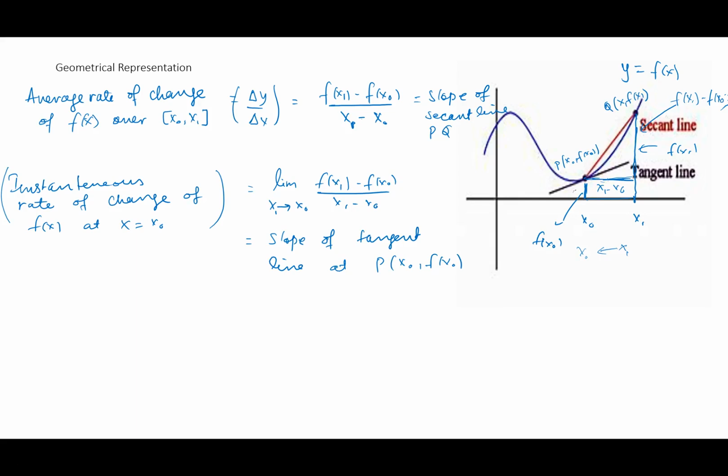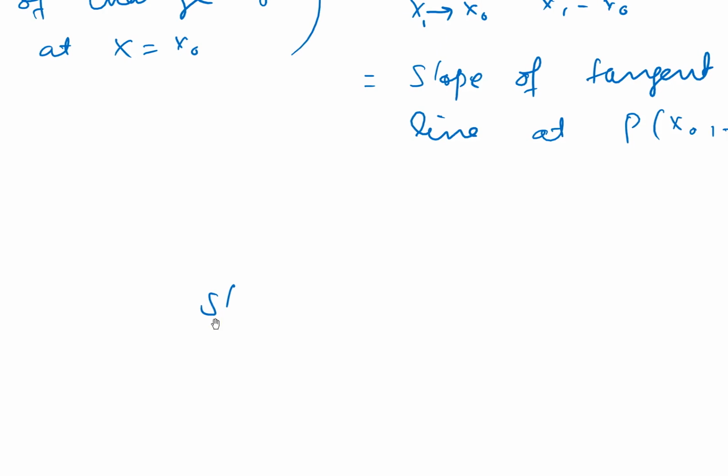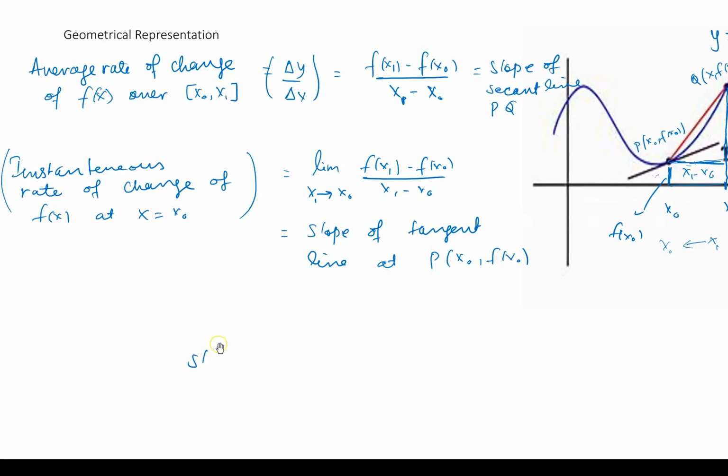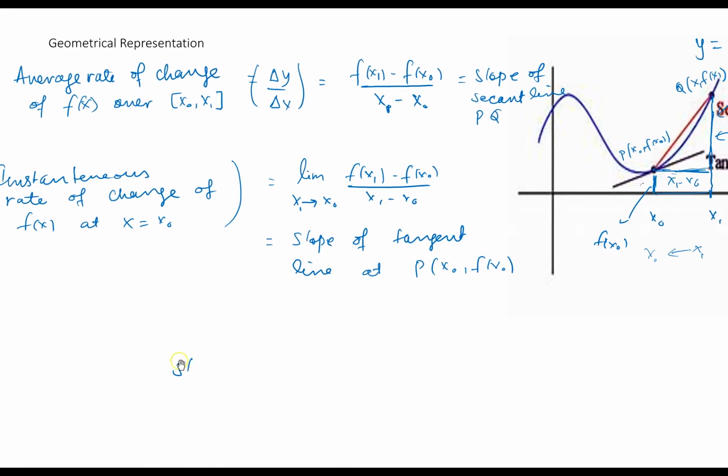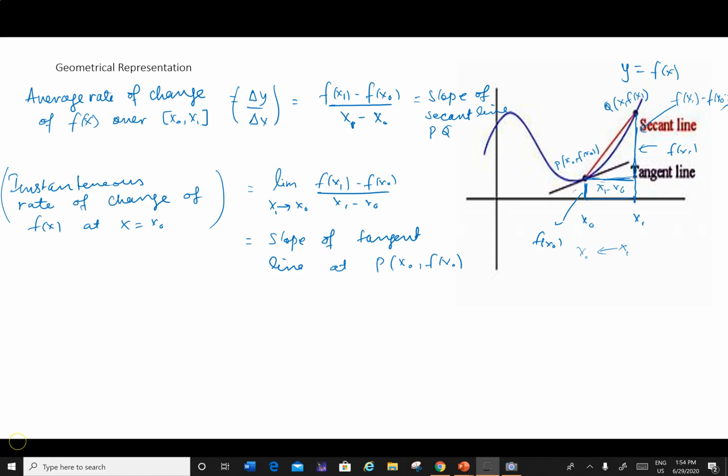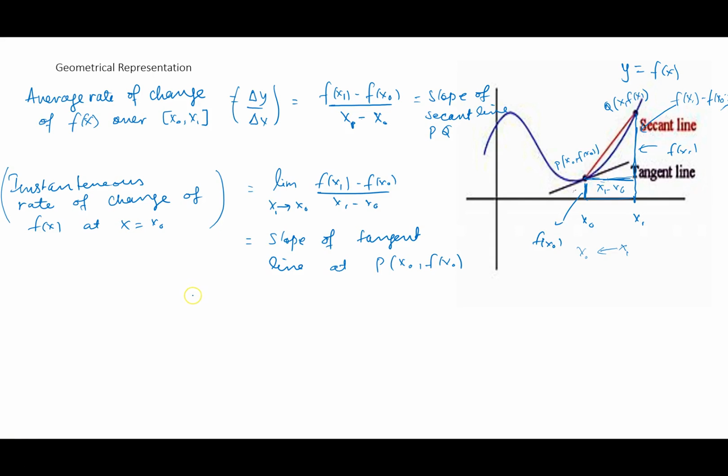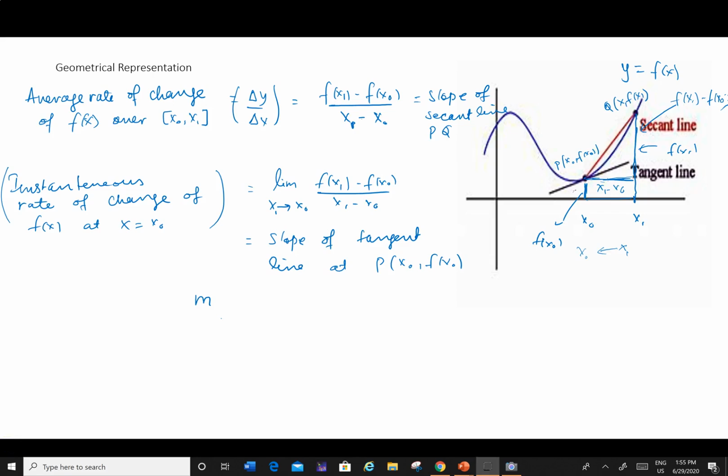Now let me write the slope of the tangent line slightly differently. The slope of the secant line is f of x1 minus f of x0 over x1 minus x0.